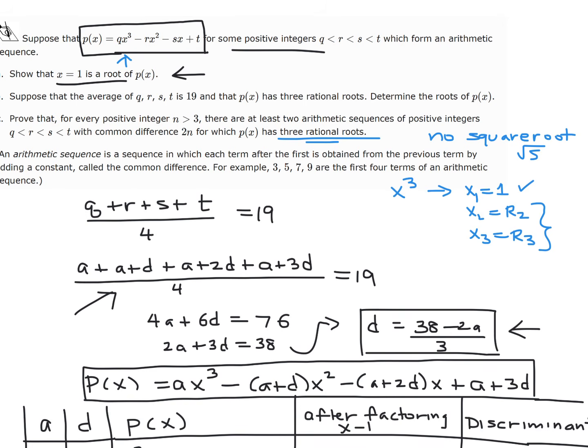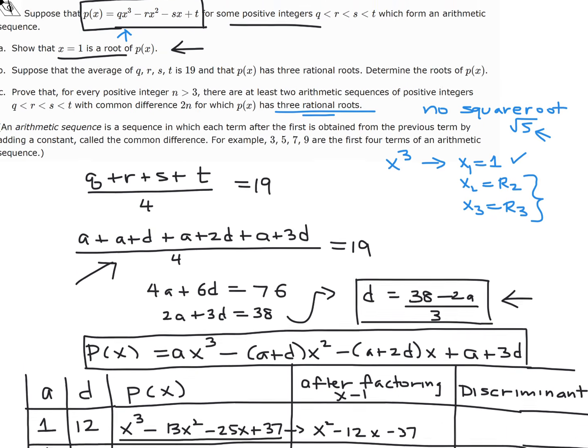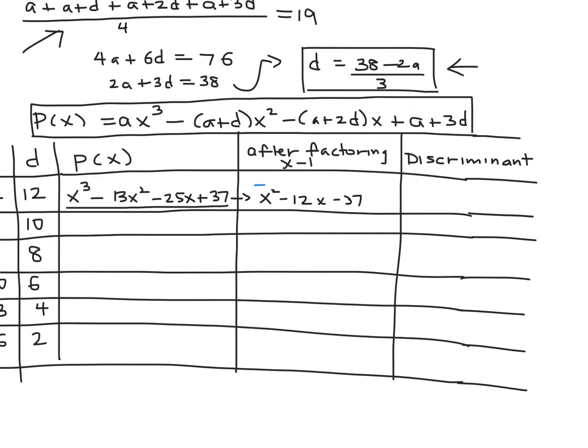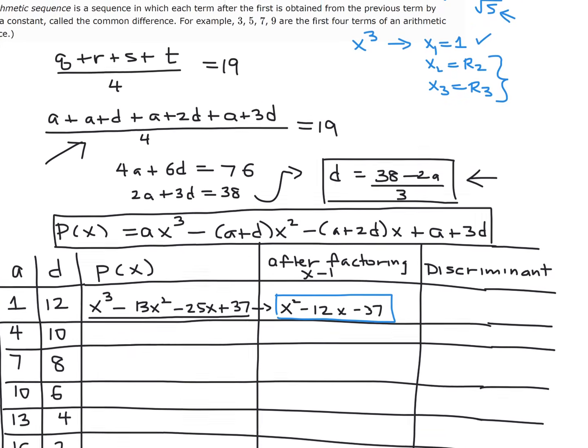So that means the discriminant cannot give me a radical. It has to give me a number. So the discriminant would have to be a perfect square. You guys remember this is a quadratic. So when you find out the roots, you know the famous equation, x would equal minus b plus or minus the square root of b squared minus 4ac, all over 2a, right? This is the discriminant, right here inside the radical.